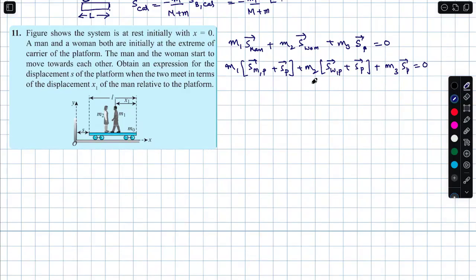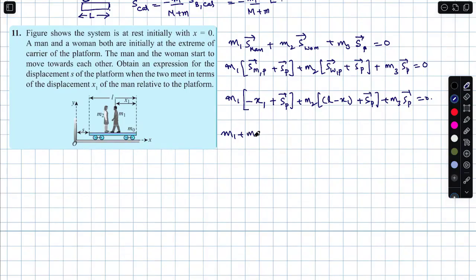Now do it, I'll tell you. M1 times displacement of the man with respect to platform, minus x1, plus displacement of the platform. For the woman, L minus x1 plus displacement of the plank, plus M3 times displacement of the plank. Platform or plank, whichever you like to write. The question is over now.